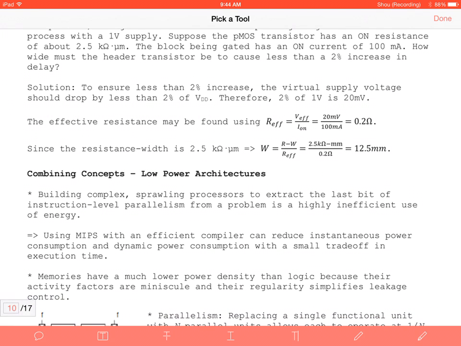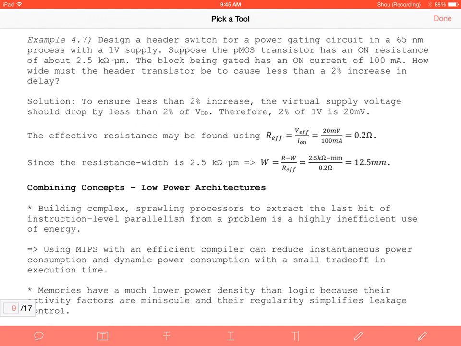To ensure a less than 2% increase, the virtual supply voltage should drop by less than 2% of the supply voltage. And 2% of 1 volt is 20 millivolts. We have also defined our on current to be 100 milliamperes. So we calculate the effective resistance of our header switch by using Ohm's law.